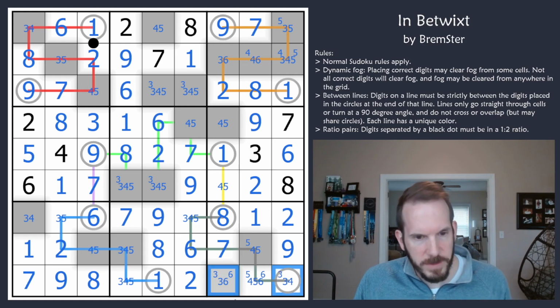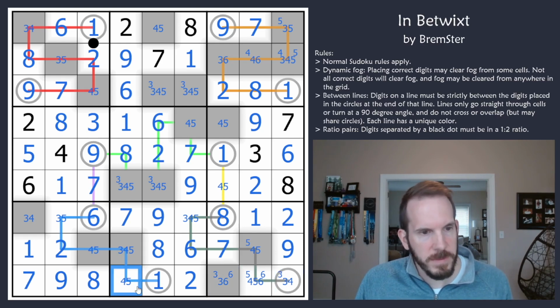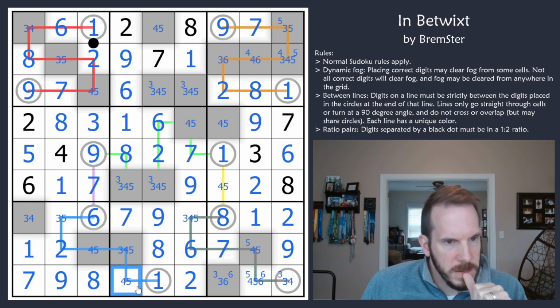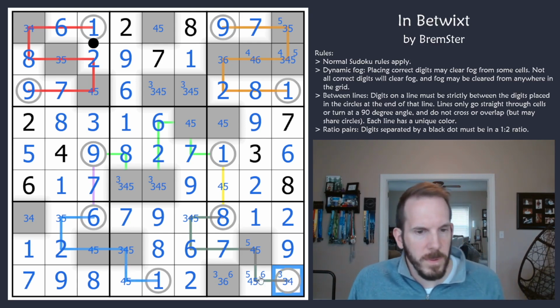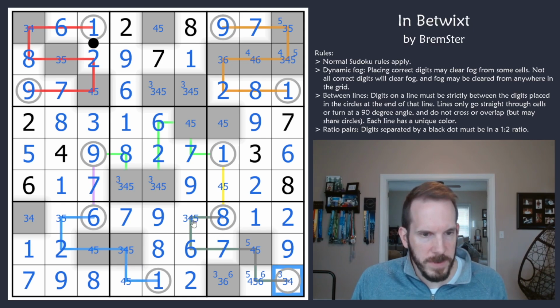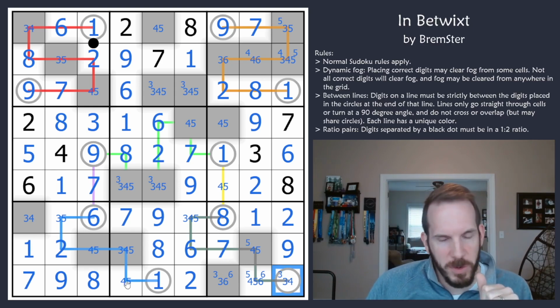One way to look at it is 3 is in one of these two cells, so that's not a 3. This is a 4. This is a 5. Because it would have to be in between. And oh, yeah, that breaks. Okay, it's more straightforward than I was making it.